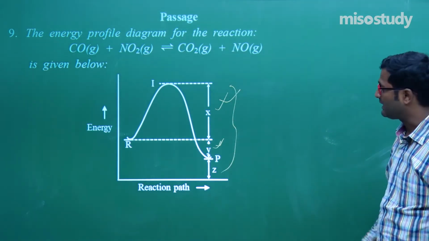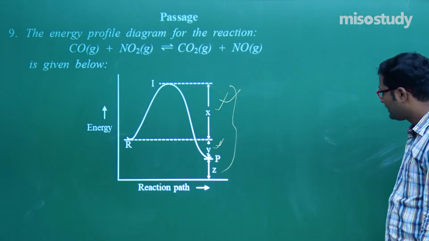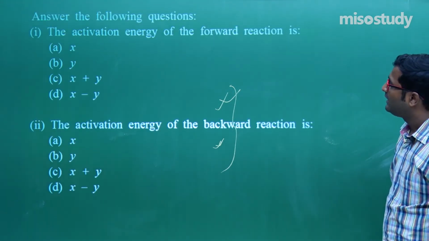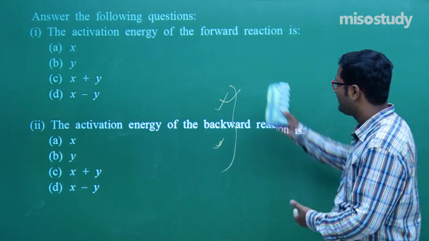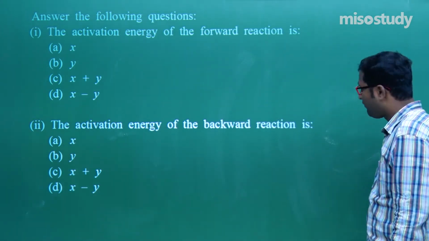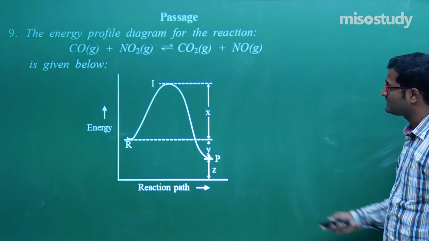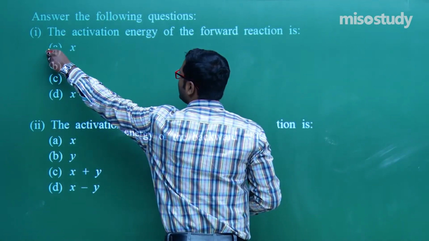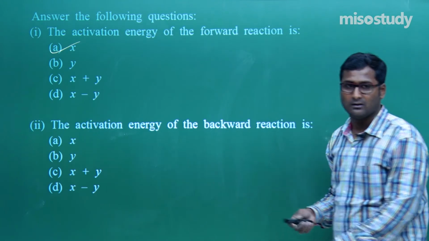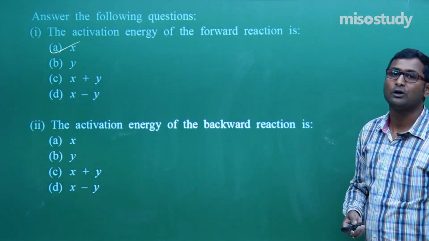By observing this passage, we can assume such things. Now, what is given here? Activation energy of the forward reaction. As I told, the activation energy of the forward reaction here is X. So that is the first part of question number 9.